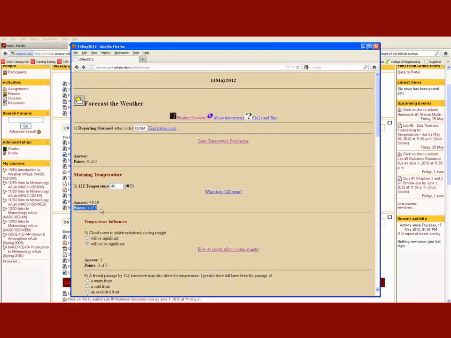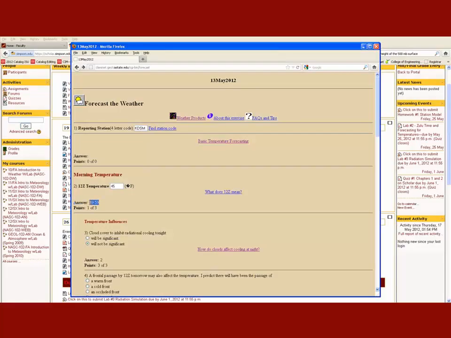Now, what's nice about this is you do not have to nail the temperature dead on. You've got a plus or minus span. In other words, the program said that if I would have put anywhere from 49 to 59 in here, I would have been marked as correct. So if there's a plus or minus 5 on the temperature, what was the actual temperature for 12Z the day after I made this forecast?